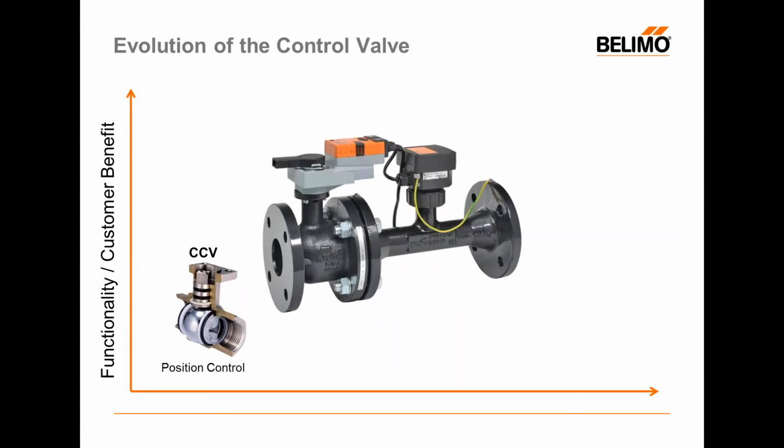So let's take a look at the idea of flow control. Another word for flow control would be a pressure independent valve. The reason we call this type of technology flow control is that if I send a 50% control signal to this valve, and the valve you see here is the Belimo EPIV, or electronic pressure independent valve, the valve would interpret that as a specific GPM or flow value depending upon how it's programmed, and it would modulate until it found that specific flow.